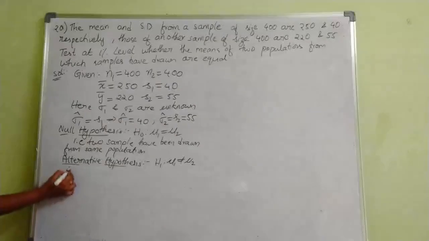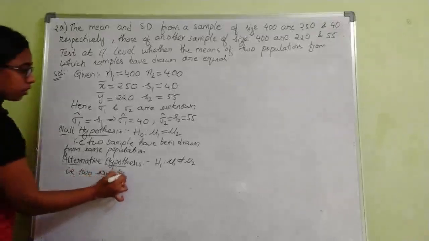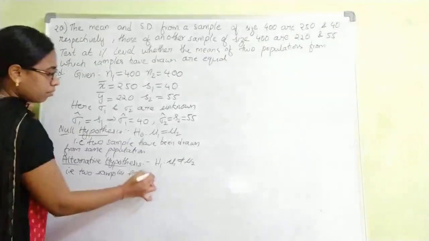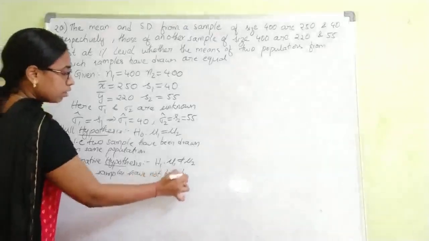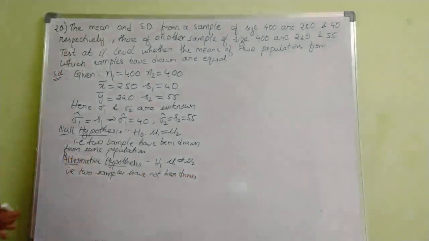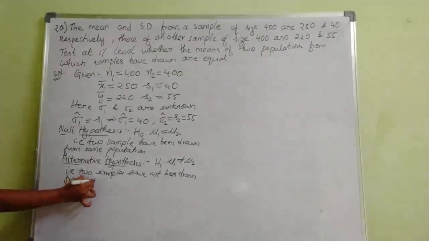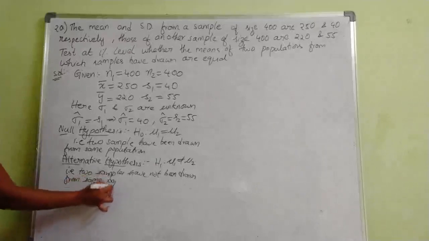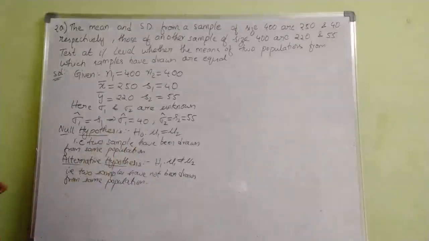That is, two samples have not been drawn from the same population. So this is our null hypothesis and alternative hypothesis.